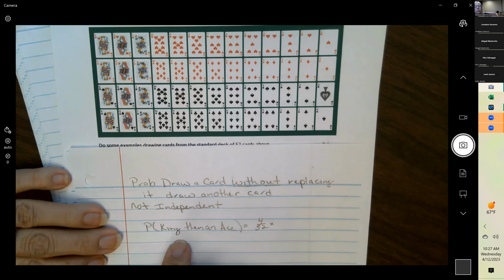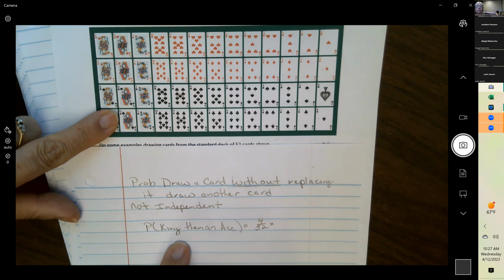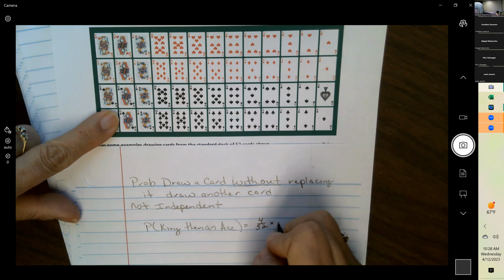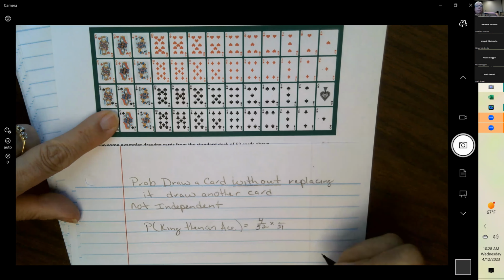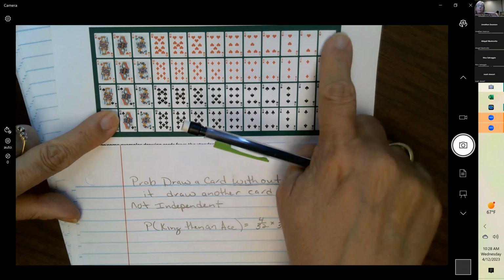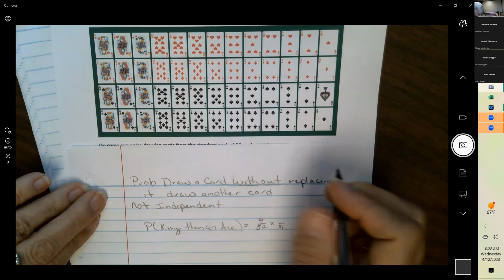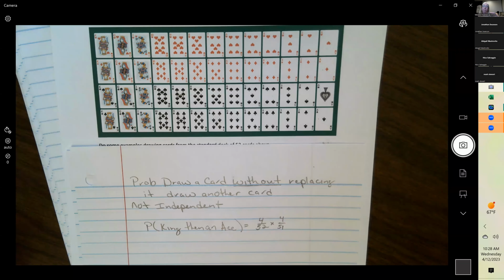Now, assuming we pulled a king, one of them is gone. The probability of an ace, now I only have 51 cards, but I still have all 4 aces, because I pulled out one of these kings. So I have 4 out of 51. So you can still do the same probability, you just have to remember that one of the cards is missing.